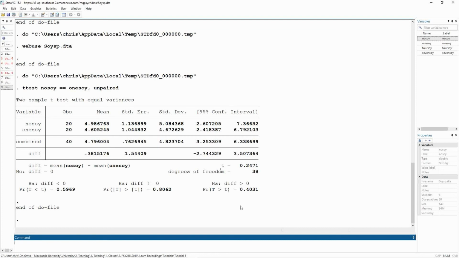This is my one-tailed t-test when I'm expecting my group 1 to be higher than my group 2. And it's non-significant. My p-value is greater than 0.05. If I was expecting no soy to be less in its sperm count compared to one soy, I will look at my other t-test over here. And this in the middle is if I didn't expect any direction at all.